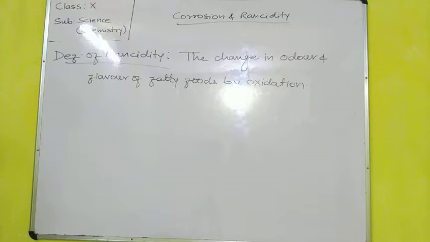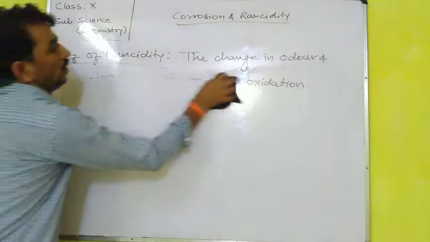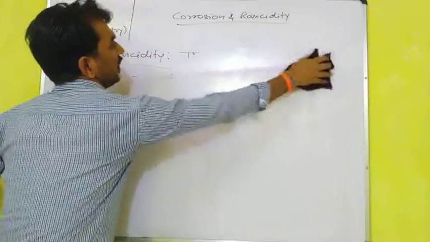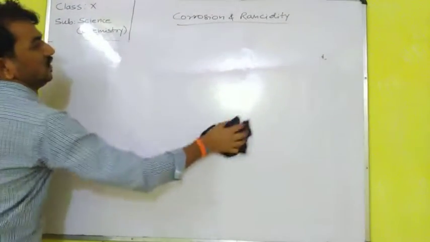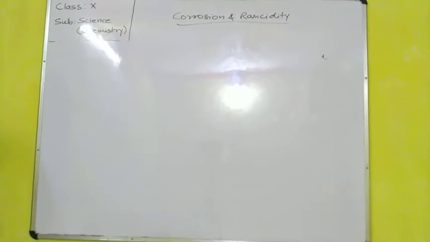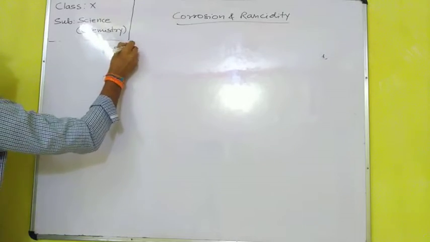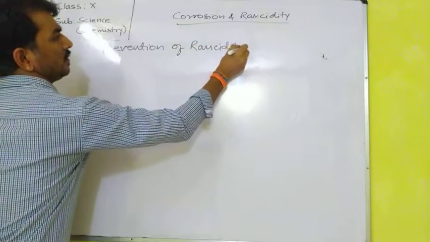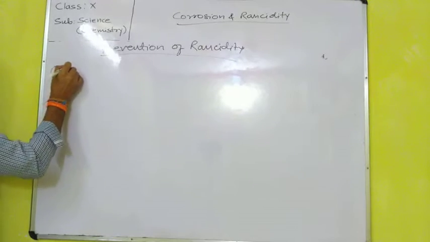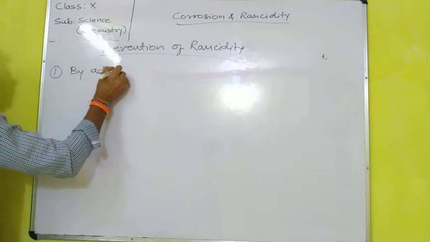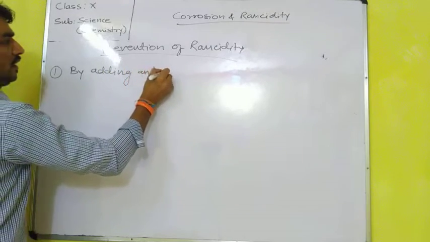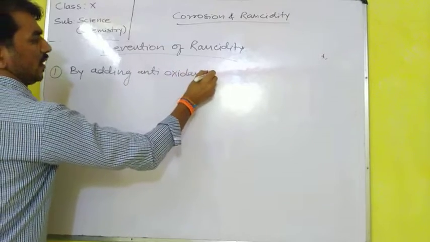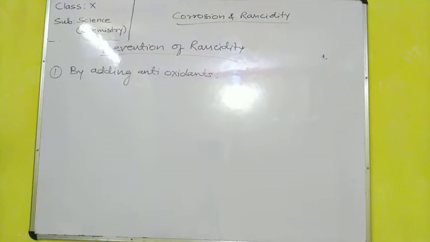So, prevention of rancidity. How can we prevent the food from rancidity? First, by adding an antioxidant, which prevents oxidation.